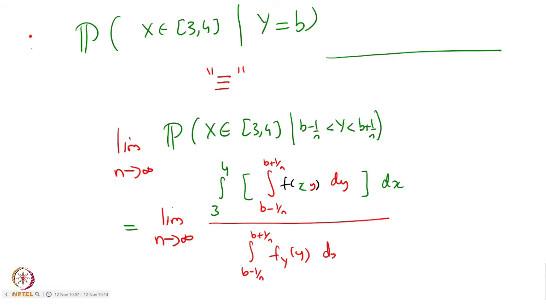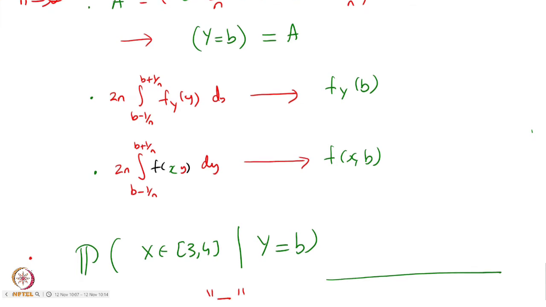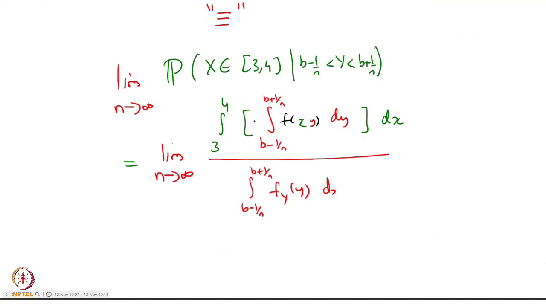But that we know from this top calculation right here. If I multiply this by 2n and multiply this by 2n, same thing. And this we know from the top is the same as, what do we get? We get the integral from 3 to 4.